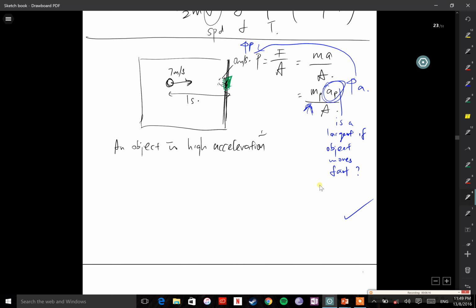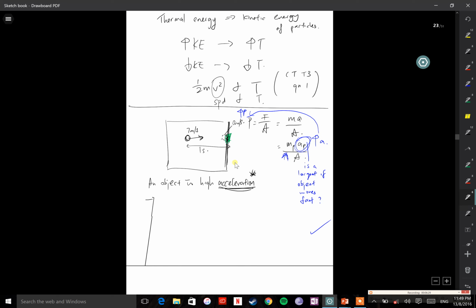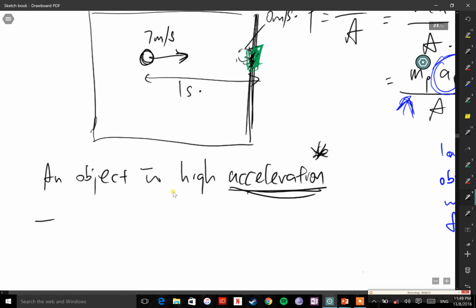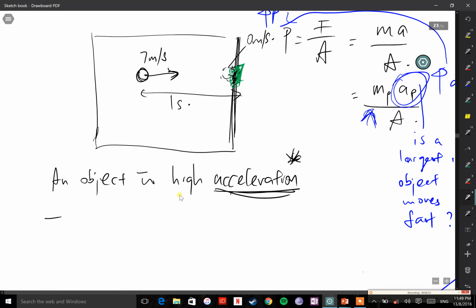Please do note that you really need to understand the definition of acceleration here. If you do not understand, you have issues with your kinematics, please come look for me. So an object with high acceleration will definitely lead to high pressure.